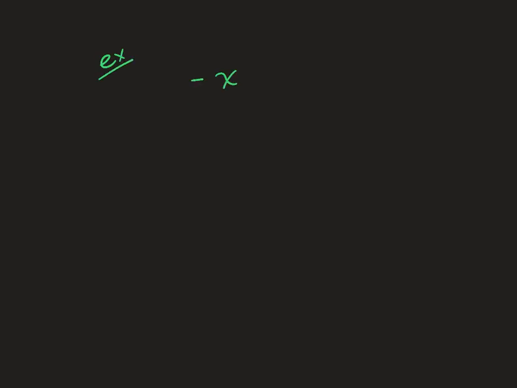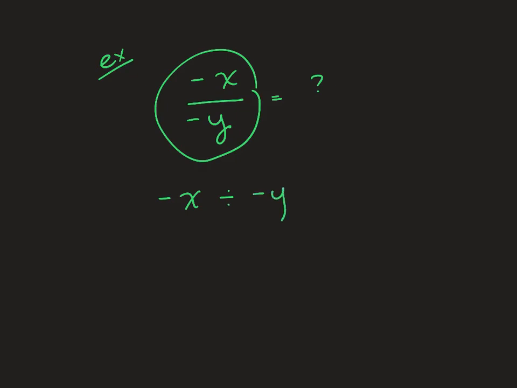Khan Academy might try and give you a problem that looks like this, for example. Negative x over negative y. And it wants you to tell it whether the answer is going to be positive or negative. And you can't solve this because you don't know what x is or what y is, right? So what I want to say about a problem like this is that this is the same as saying negative x divided by negative y.